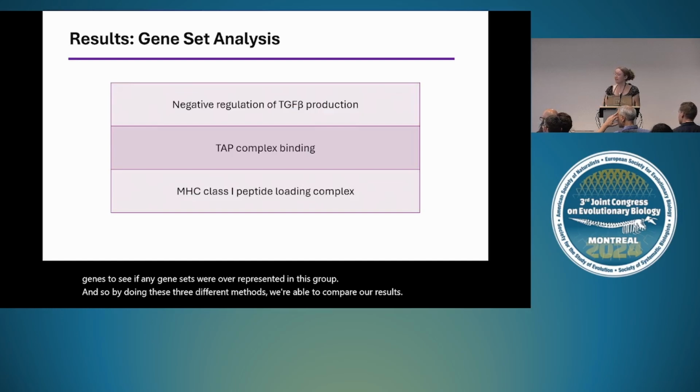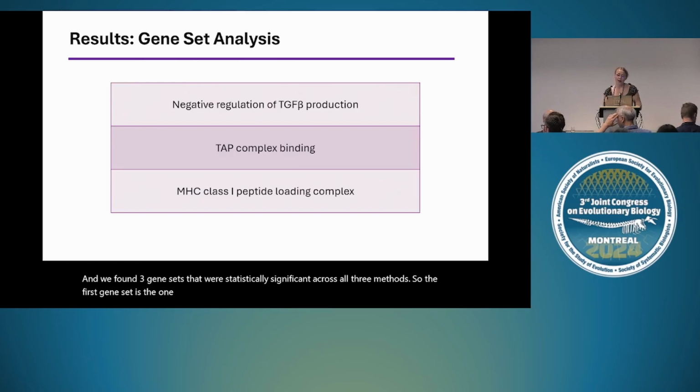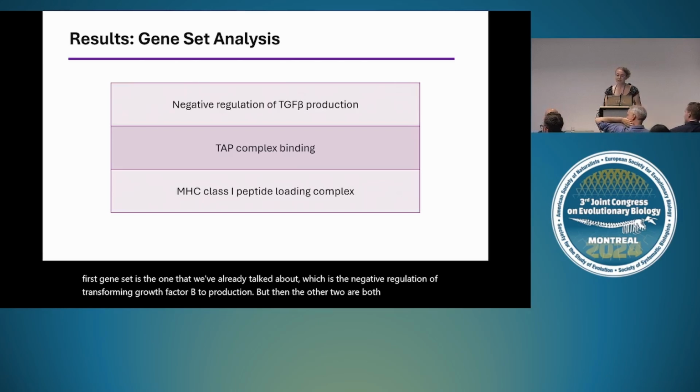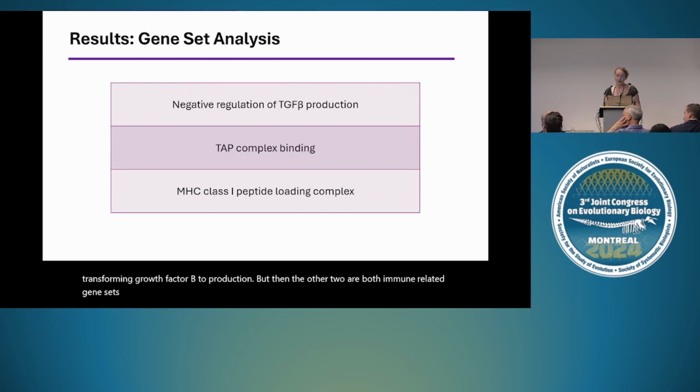And we found 3 gene sets that were statistically significant across all 3 methods. So the first gene set is the one that we've already talked about, which is the negative regulation of transforming growth factor beta production. But then the other 2 are both immune-related gene sets. So they're TAP complex binding and MHC class 1 peptide loading complex.